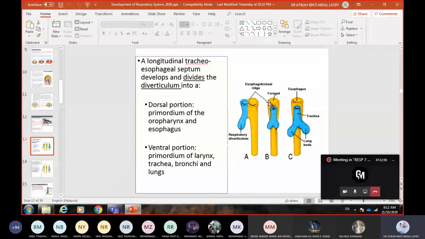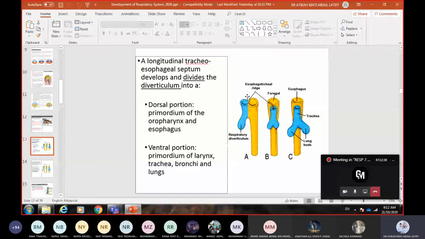Finally, a tracheoesophageal septum between the future trachea and esophagus will form and divide this portion into two. The dorsal portion, the back portion here, will form the oropharynx and esophagus. The anterior or ventral portion will form the larynx, trachea, bronchi, and lungs.